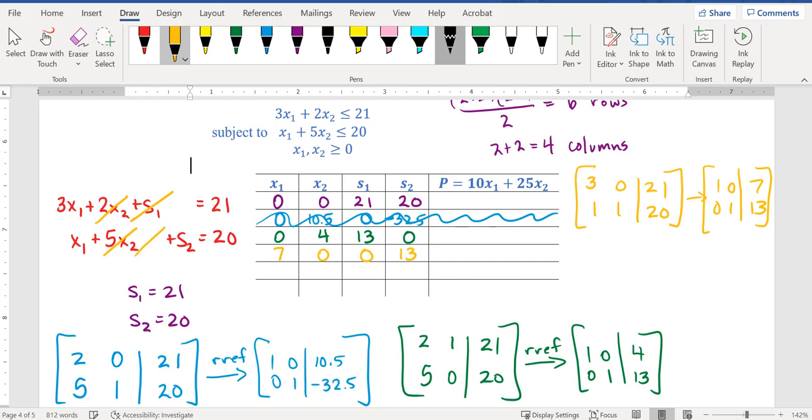Okay, 2 more of these things. Let's do another row of purple. 0 here for x2 and s2.